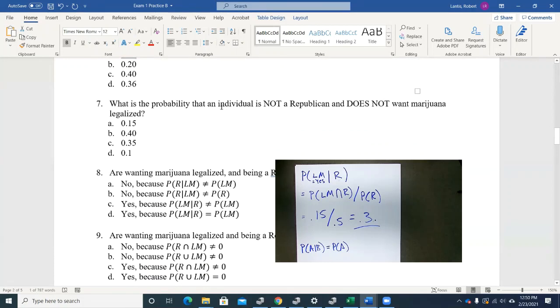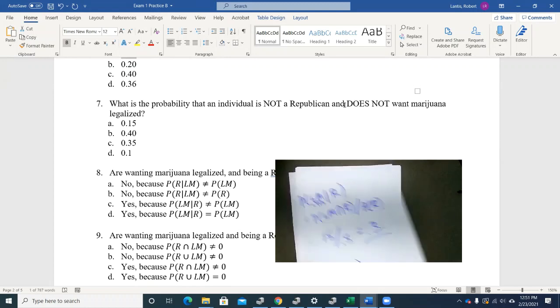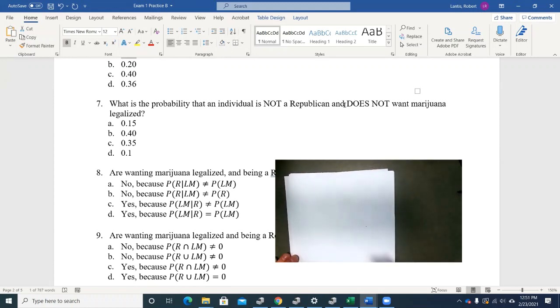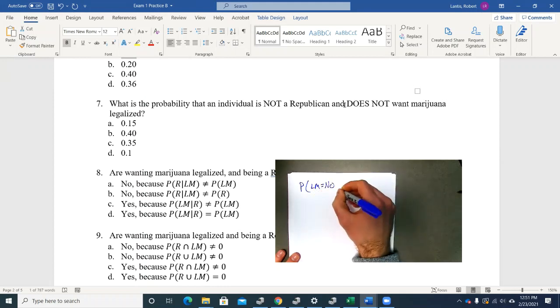So what's the probability that an individual is not a Republican and does not want marijuana legalized? Right? So I could write this out in words, and that might be the easiest way to do it. So if I'm thinking about what I'm really trying to look for here, I'm saying, okay, what's the probability that someone does not want marijuana legalized and is not a Republican?